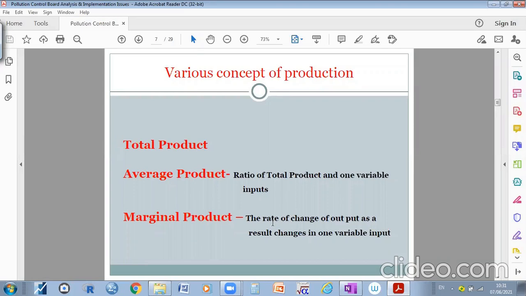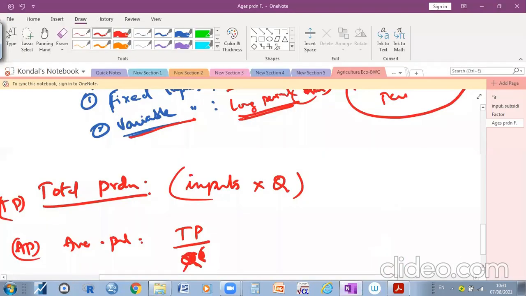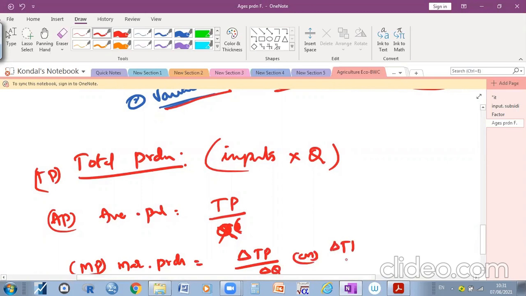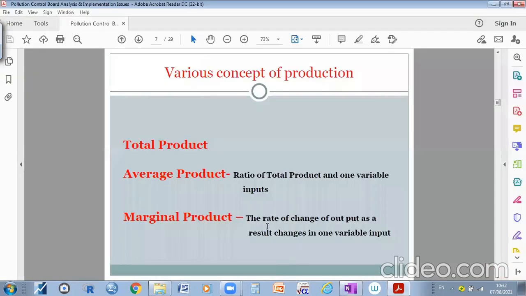What is the marginal production? It is the rate of change in total production, the change of output as a result of change in one variable input. So we can write MP, marginal production, equals delta TP by delta Q or X, delta TP by delta X. That is the change in total production as a result of change in input. That is called marginal production.